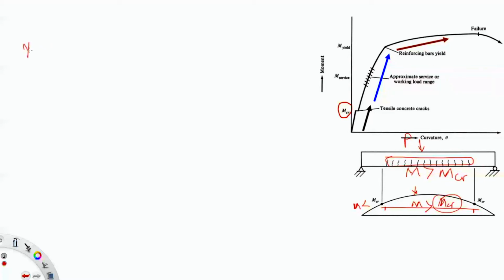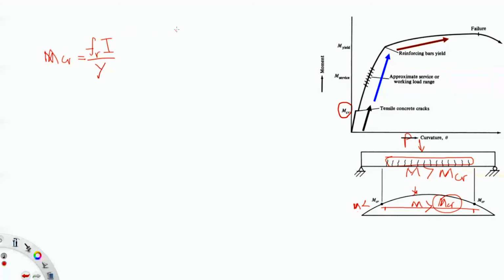M crack is a function of the modulus of rupture multiplied by the inertia of the section divided by y. Y is the distance from the neutral axis to the tension side.